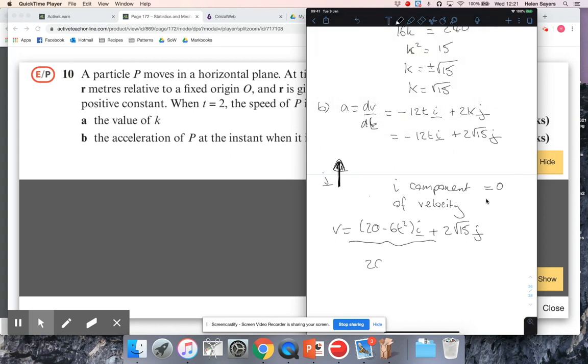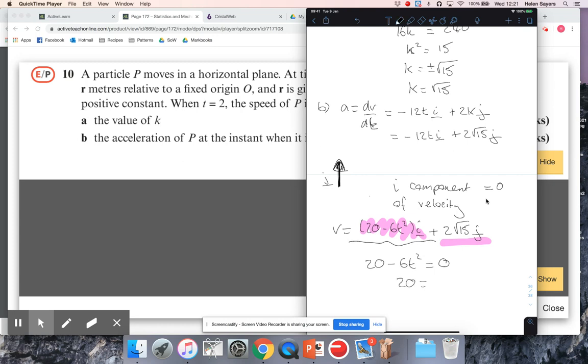So I need 20 minus 6t squared to equal 0. If that equals 0, it's not moving left or right at all. It's just going to be moving upwards with a velocity of 2 root 15.